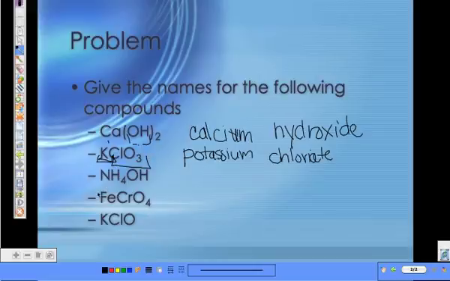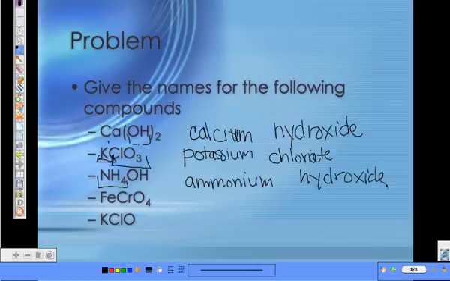Okay, how about this next one? Right, this is one where NH4 is that positive ion that we have. So ammonium, hydroxide. Hydrogen peroxide. FeCrO4. NH4. Yep. Okay. Oh, it's iron.